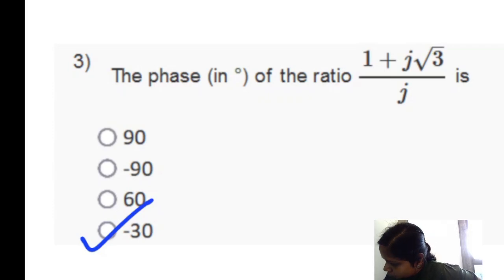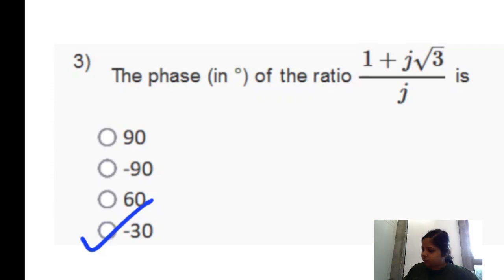This would take you to root 3, and here it would be minus j. So it would be tan inverse of minus 1 upon root 3. That would be minus tan inverse of 1 upon root 3. That would be minus 30 degrees. Okay.